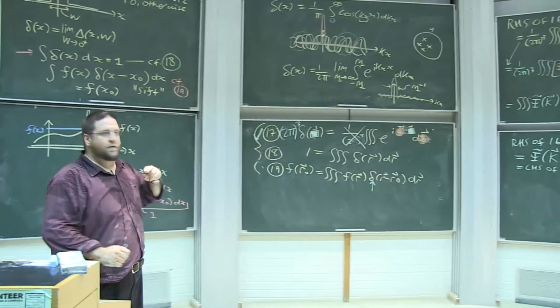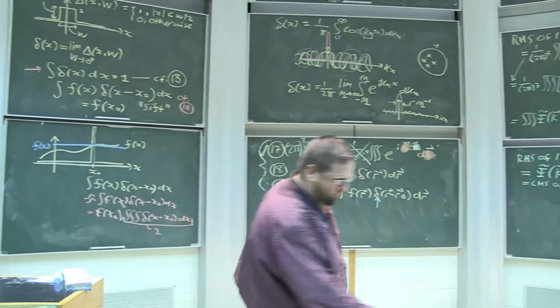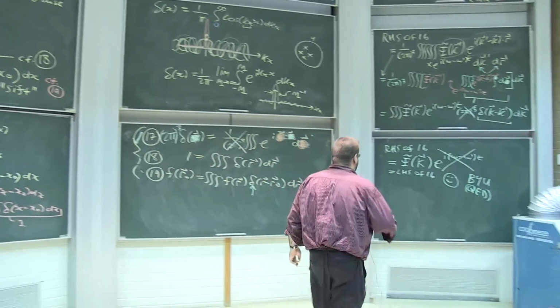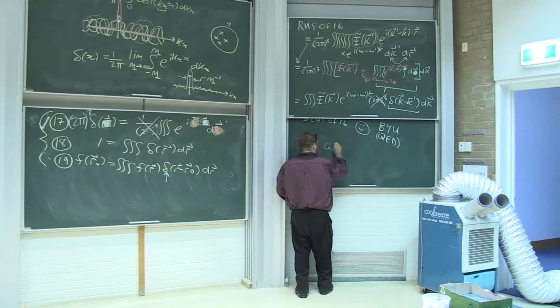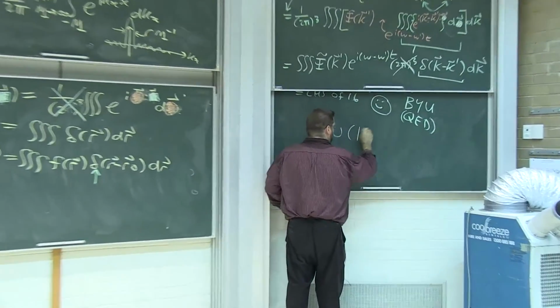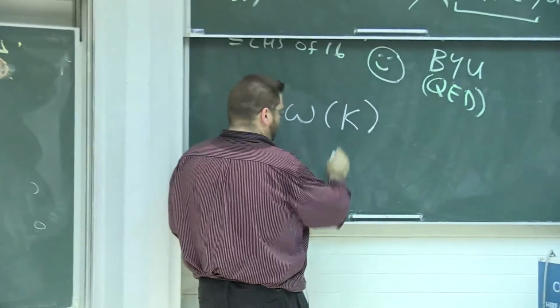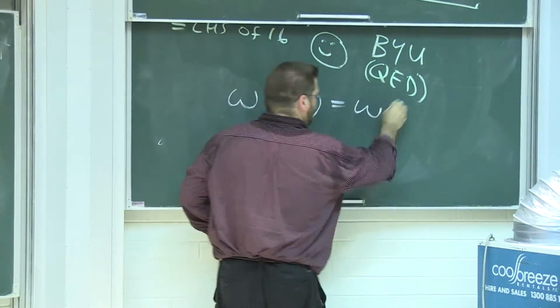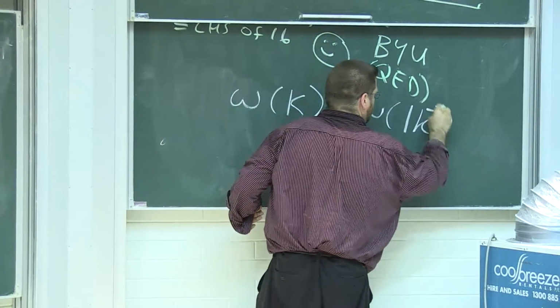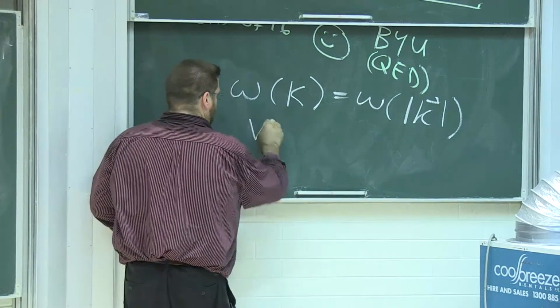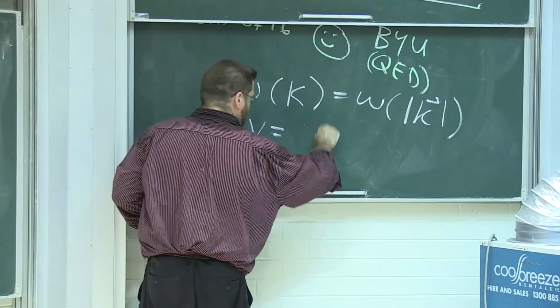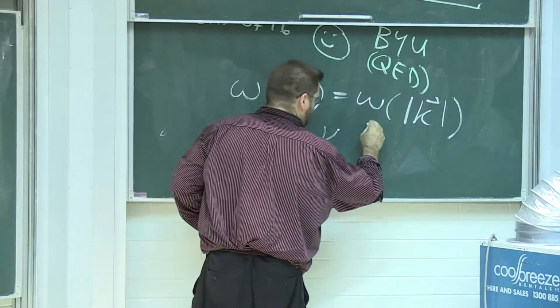I want to return to one small point that I mentioned. It's an important one. I mentioned that angular frequency is a function of k, k being the wave vector, so the magnitude of the wave vector. Where do I get that from? Velocity equals frequency, nu, times wavelength.